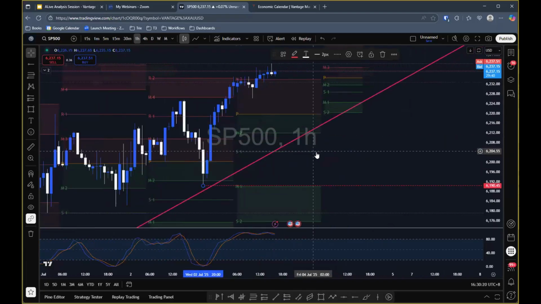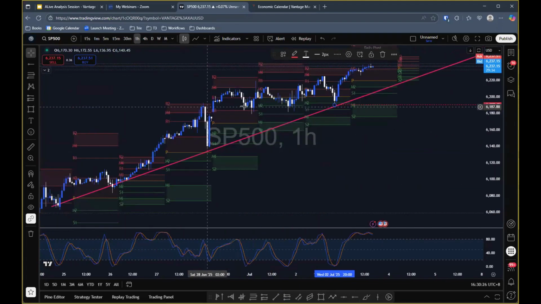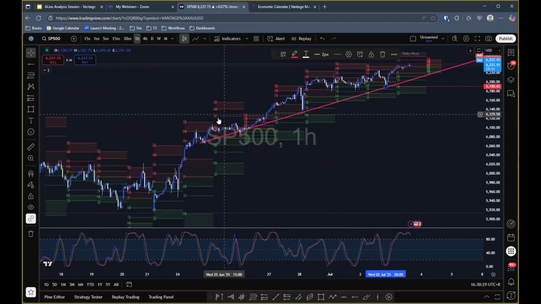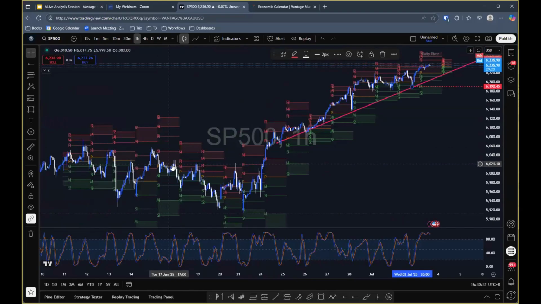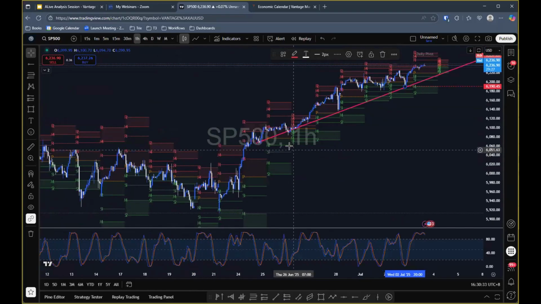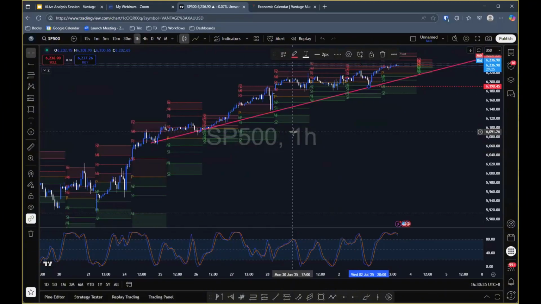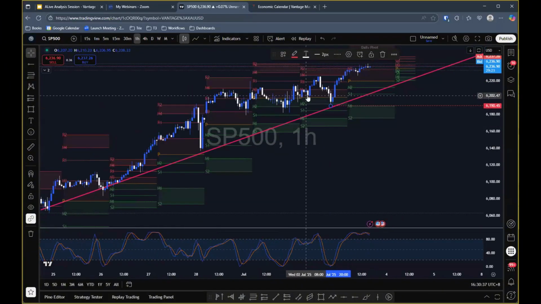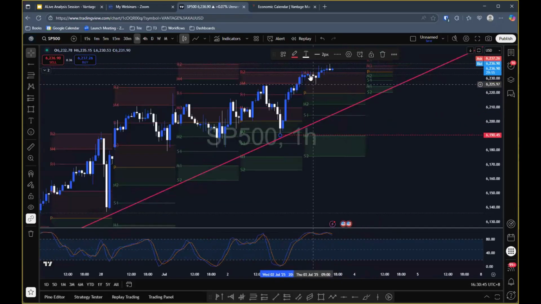Last available sell. Okay. So yesterday there was a quick sell. Wednesday was up and then came down at 8 o'clock. And then the New York session was just all the way up.